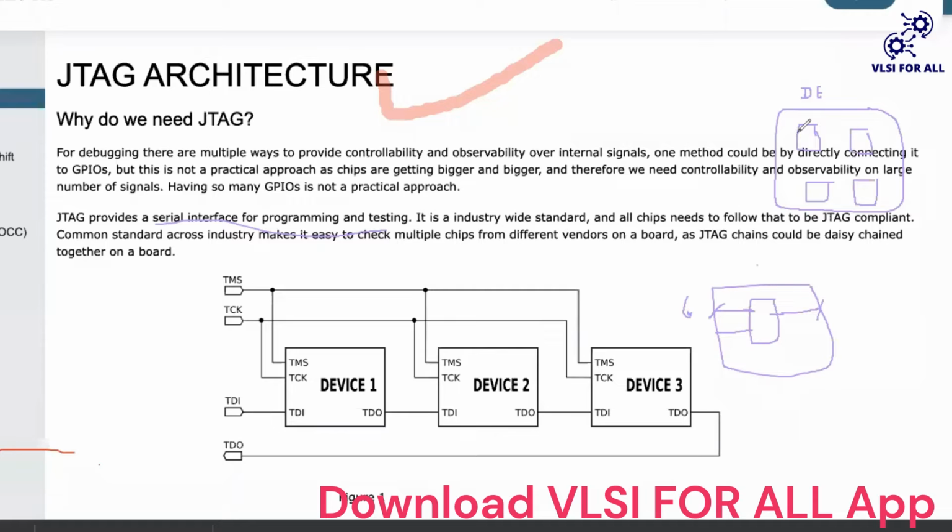JTAG is a serial interface, and JTAG provides us a standard through which we can check out multiple chips in a SOC. Do you understand what is SOC and what are different IPs, or should I go to that level?